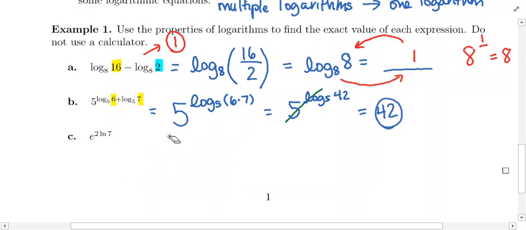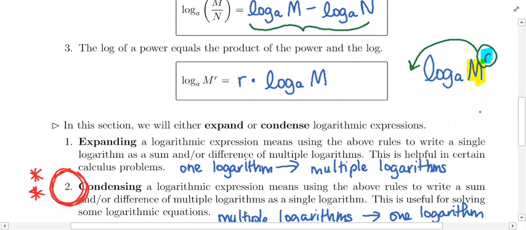There's a little bit of a problem because e and ln are not side by side. This 2 is an issue. It's preventing the e and the ln from being side by side, so they actually do not cancel as it's written. Let's focus on the exponent. The exponent is a number times a logarithm, so we can use the third property on this.